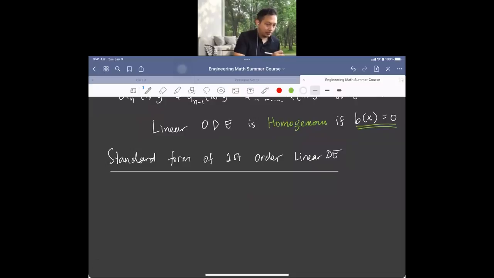The standard form is y prime plus p of x y, or let me make it into a different color to make it clearer. p of x y, and then equal f of x.